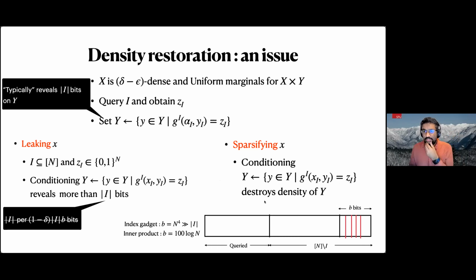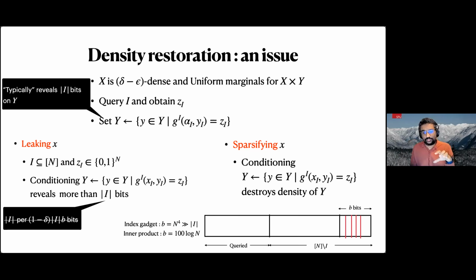Okay. In particular, let me tell you why this is not a problem with the index gadget. In the index gadget, a typical block of Y is of size, let's say n to the 4, or at least n to the 4. It's a large polynomial in n.